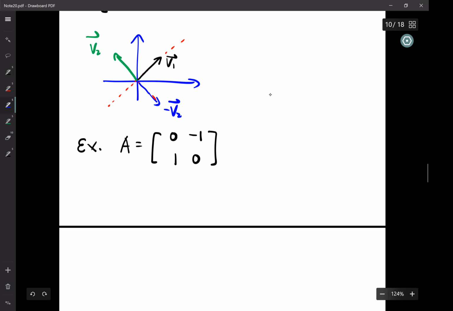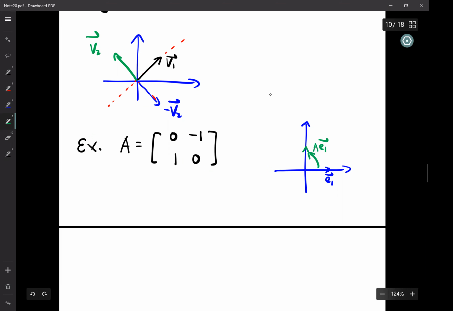Let's first look geometrically. If I start from E1, AE1 would be 1, 0 becoming 0, 1. So this becomes AE1.